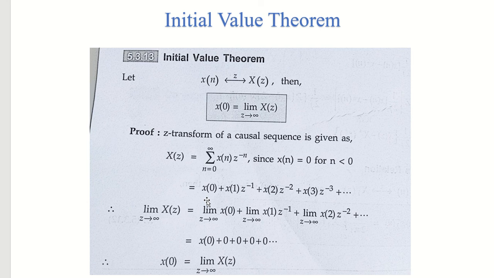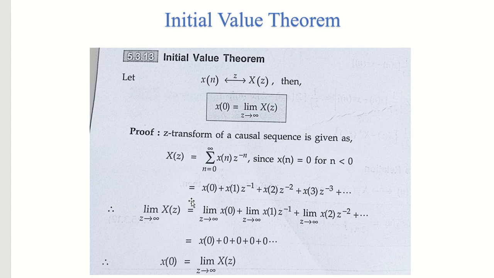Now let's apply the limit because it is the demand of the initial value theorem. So when we apply the limit, what will we get? The limit of x of z, z tends to infinity, and we will apply the limit on every single element of my signal. So you will have limit x of 0, z tends to infinity, plus limit x of 1 z inverse, z tends to infinity, plus limit x of 2 z raised to minus 2, z tends to infinity, and it will go till infinity.